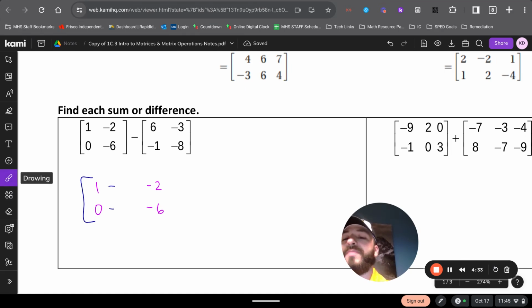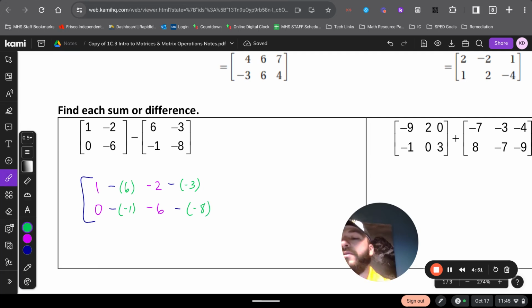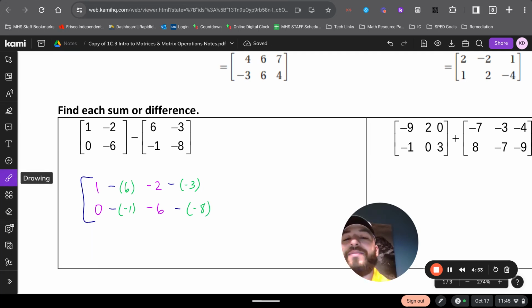So minus, minus, minus, minus. And then, of course, this second matrix. So 1 minus 6, -2 minus -3, 0 minus -1, and -6 minus -8. Okay, so it's just all of those same exact terms in the exact spots that are being subtracted from each other.